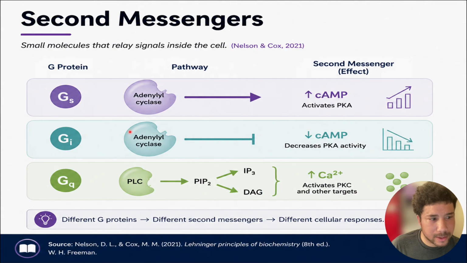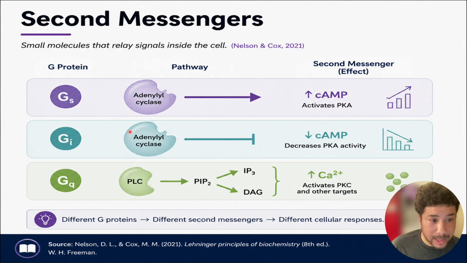The second pathway is the Gi pathway, where the letter I represents inhibition. Activated G alpha i inhibits adenylyl cyclase. As a result, the production of cyclic AMP will decrease. PKA activity is then reduced, and the cellular effects driven by the pathway will become weaker.